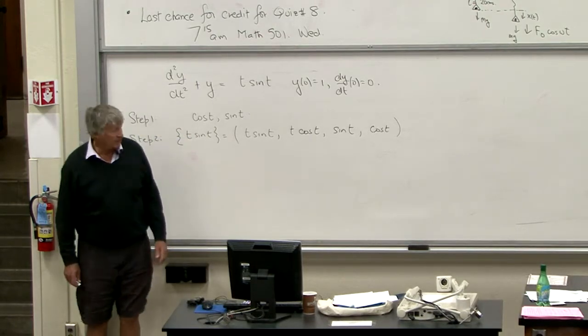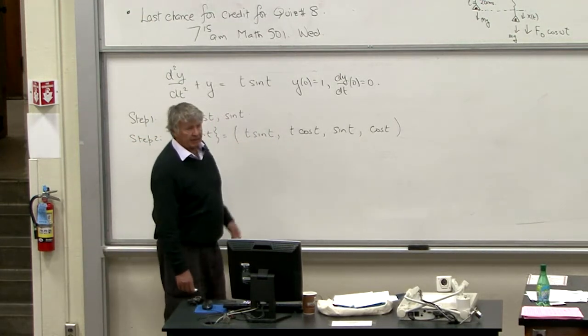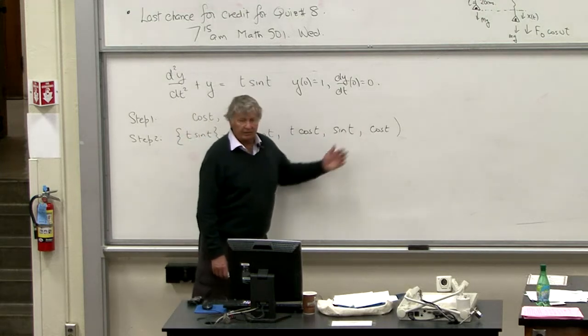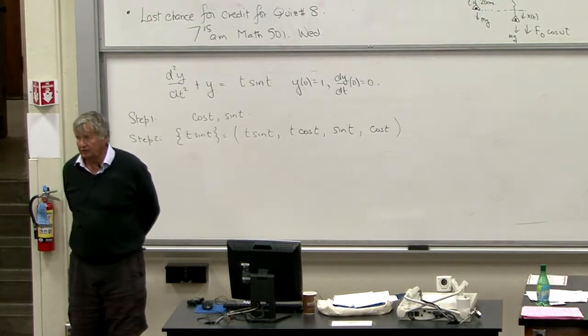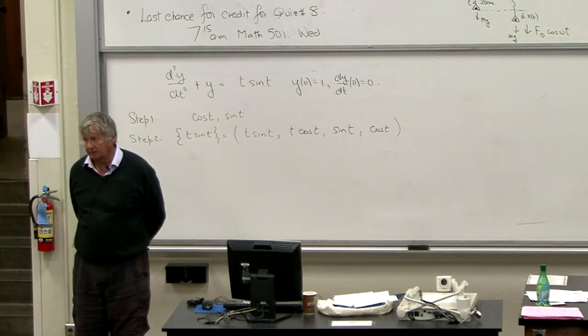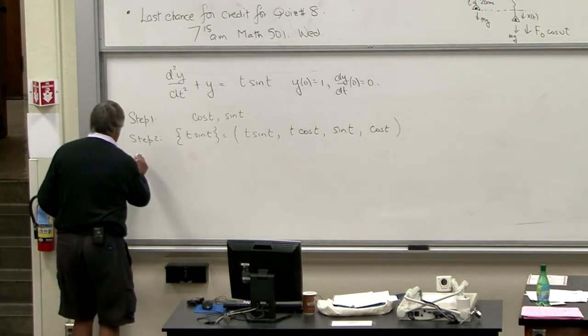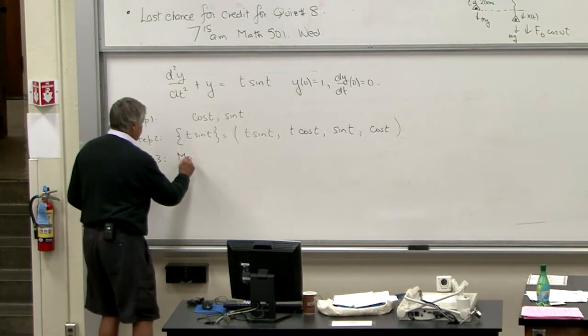No matter how many times you take derivatives, you end up with linear combinations of those four functions. And they're all linearly independent on the interval minus infinity to infinity. Okay, step 3. Is it necessary to modify?